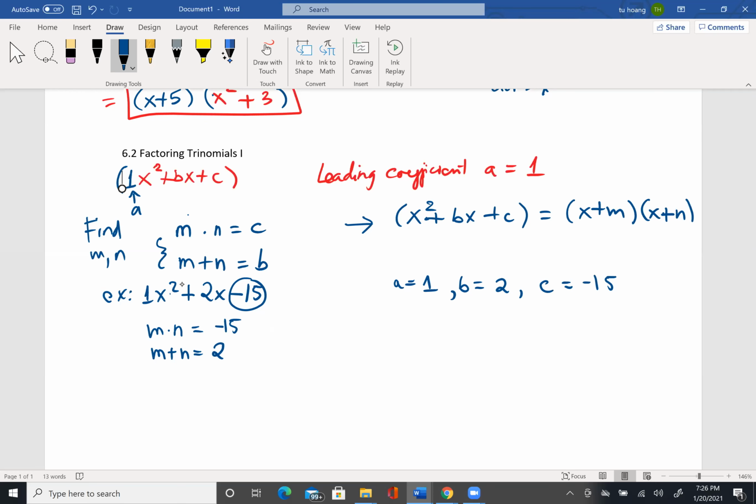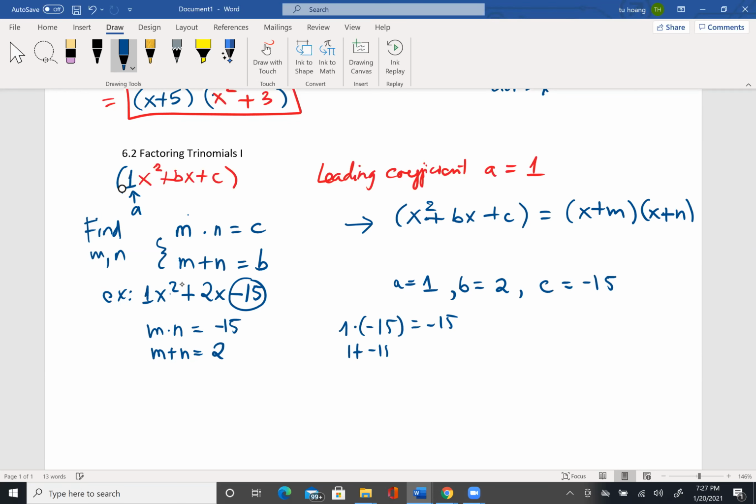1 times what is equal to negative 15? I have 1 times negative 15 equal to negative 15, right? But 1 plus negative 15 will not equal 2. So 1 and negative 15 will not work, so we cross it out and come to the next number. 2 times what is negative 15?